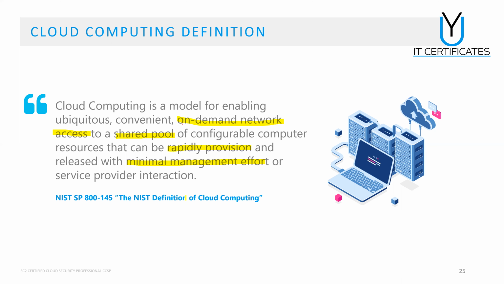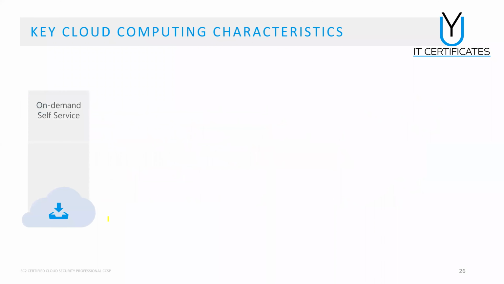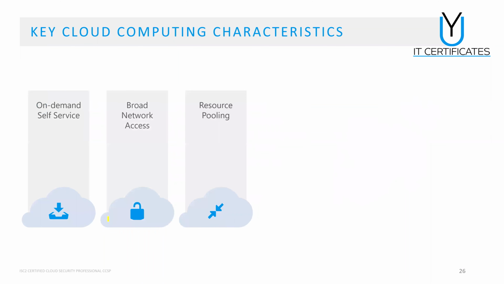This is the definition from NIST SP 800-145. These are the concepts and characteristics of the cloud which we spoke about. First, on-demand self-service, as we explained, you are able to provision your service over the internet.